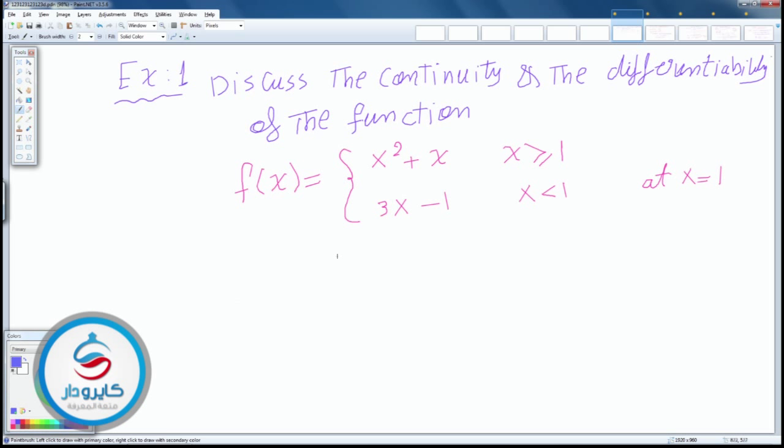So the question is: discuss the continuity and differentiability of this function at x equals 1.